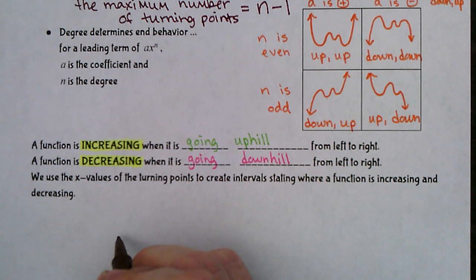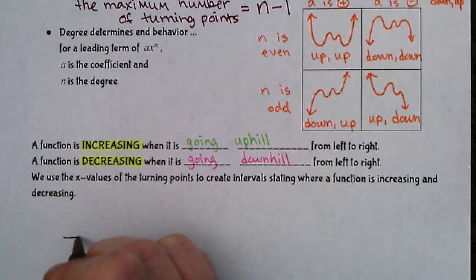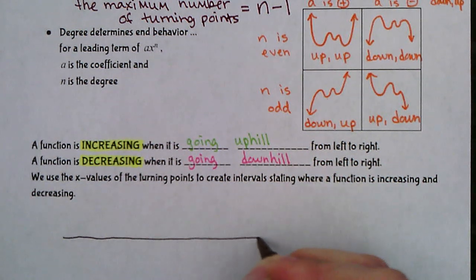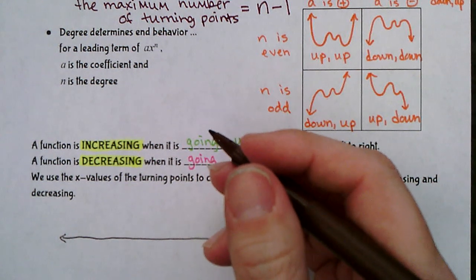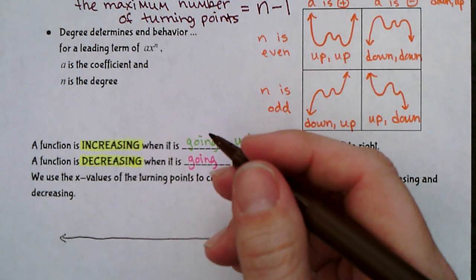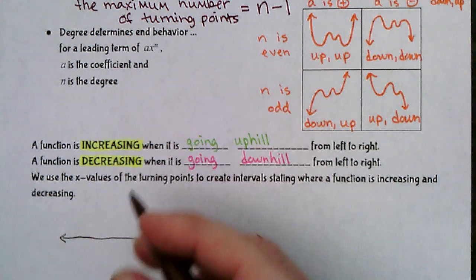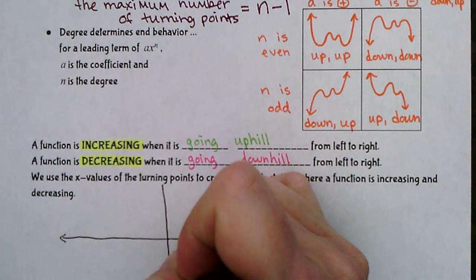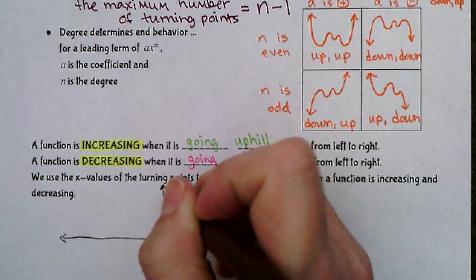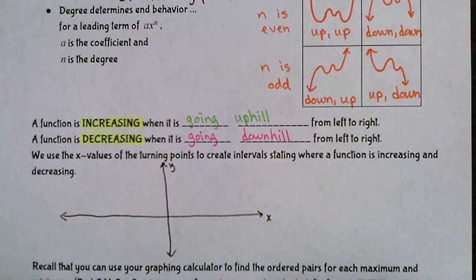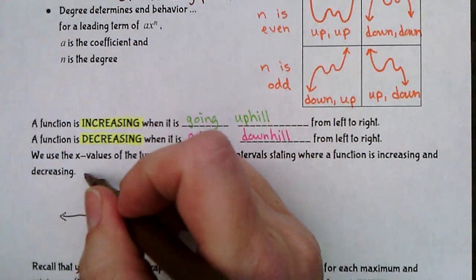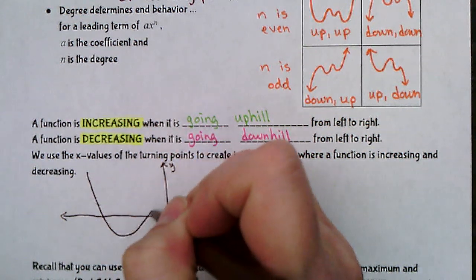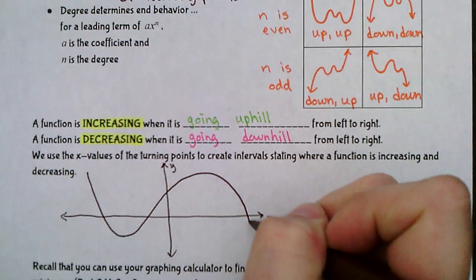I want to sketch a little graph here. Now your graph doesn't need to be exactly like mine, but it should be somewhat similar so that we can talk about where these graphs are increasing and decreasing together.